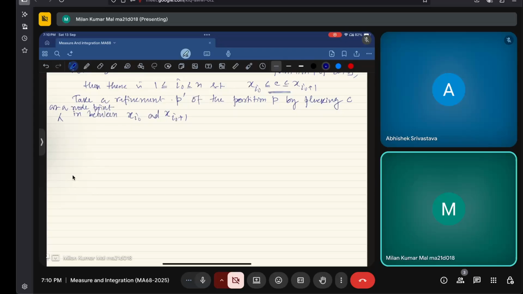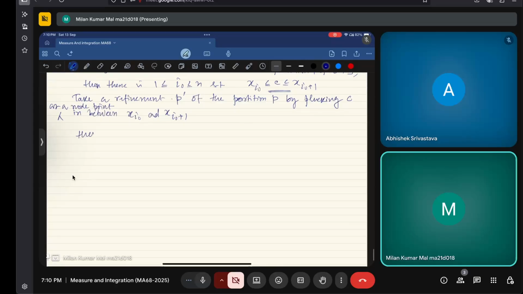Then, with respect to this new partition P', the variation will be the summation from i = 1 to i0 − 1 of |f(xi) − f(xi−1)|.